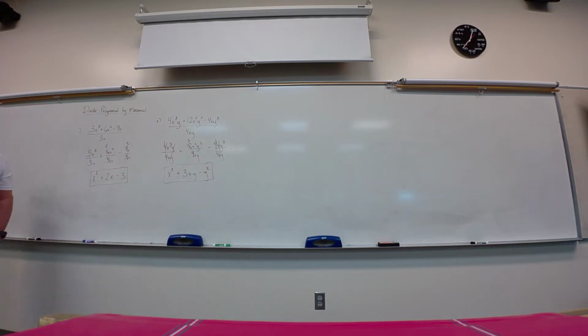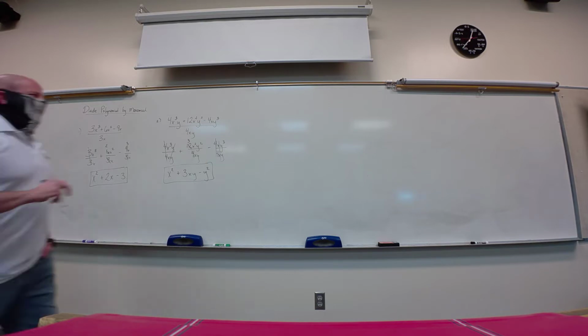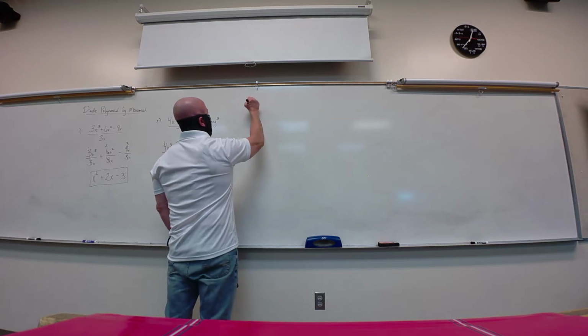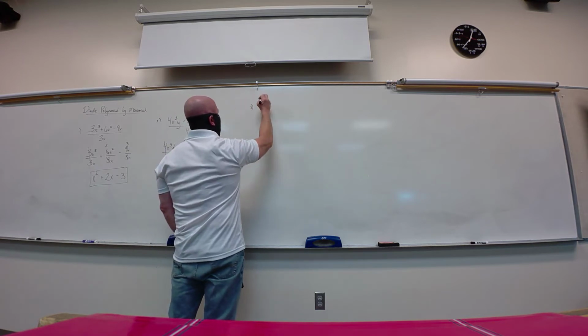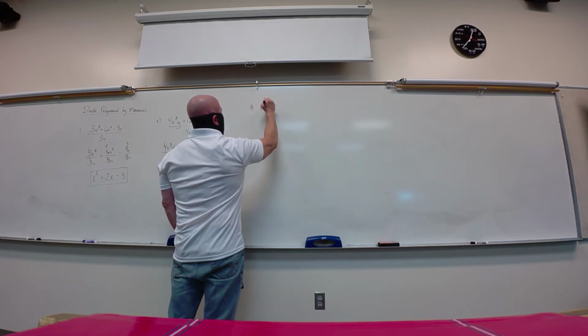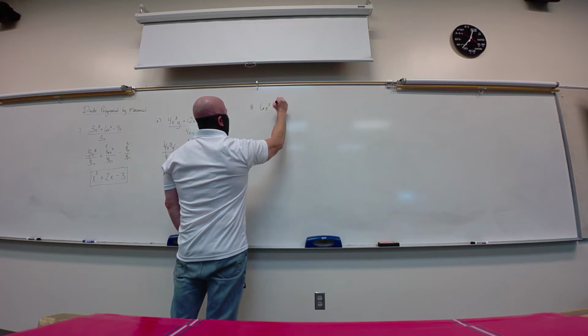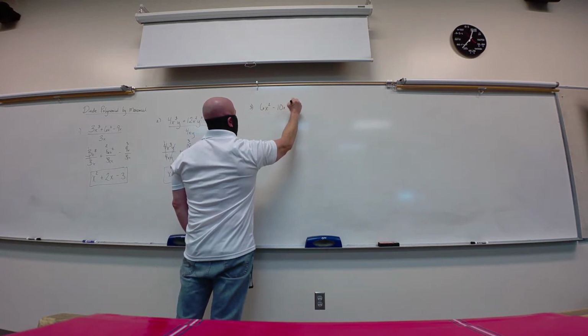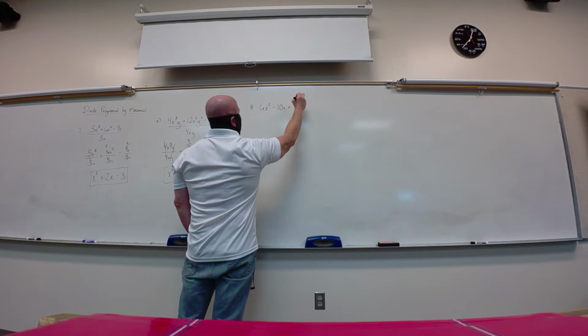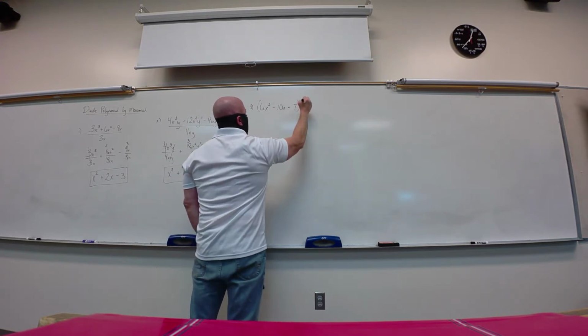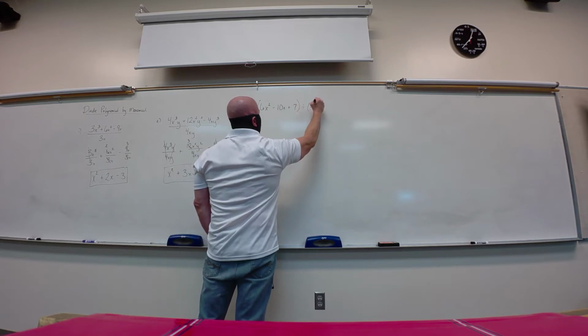Now sometimes things that look confusing to us, we'll see written in a division format. So as a different look, let's say something like this: 6x squared minus 10x plus 7 divided by negative 2x.